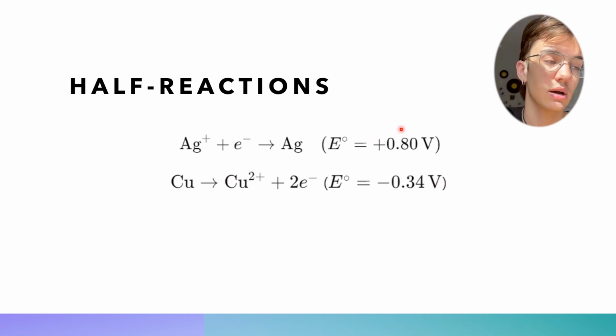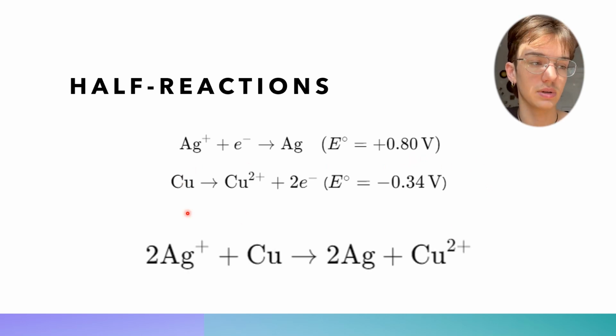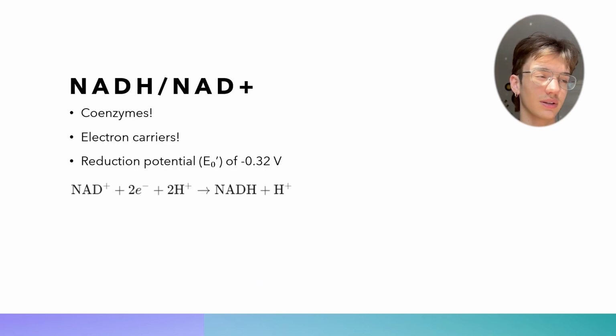It is more likely for the top one to be reduced, so therefore the bottom one is going to be oxidized if they're combined together, which is what happens here when you combine them. You're going to have this first molecule, the silver molecule, reduced, whereas the copper molecule is going to be oxidized.